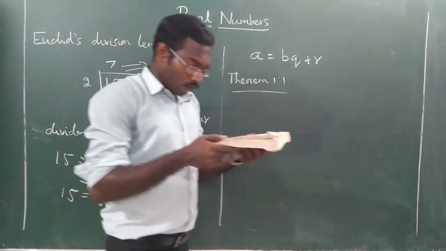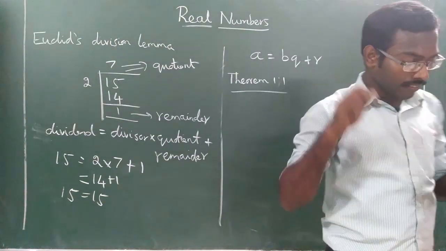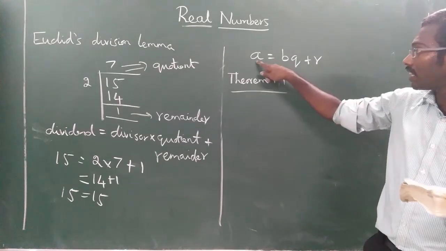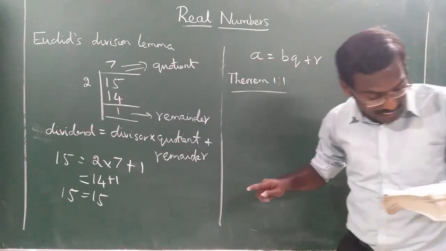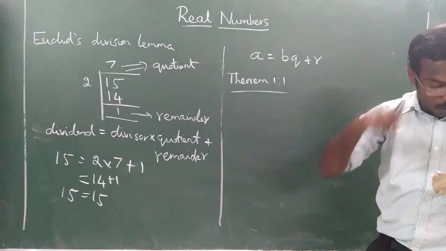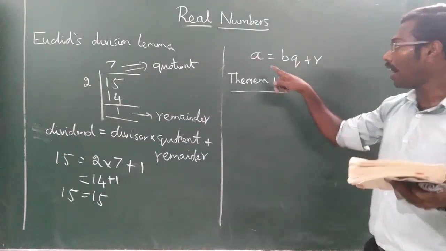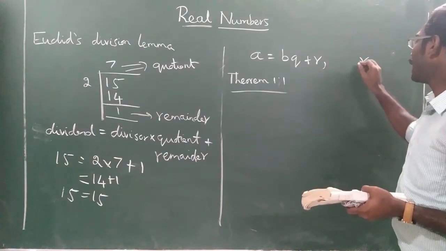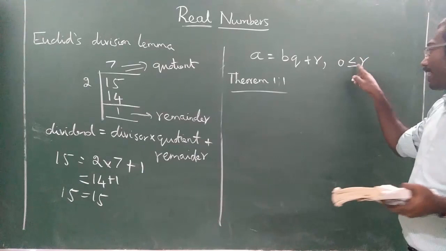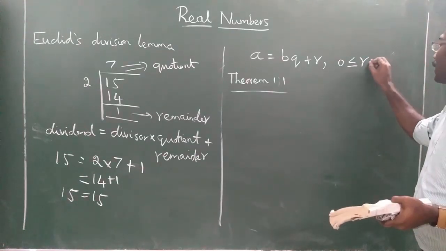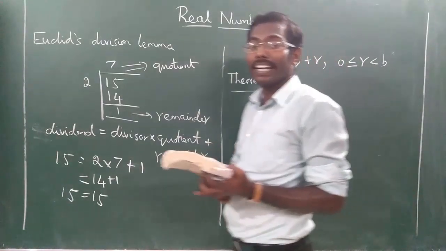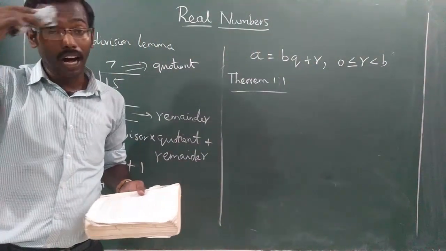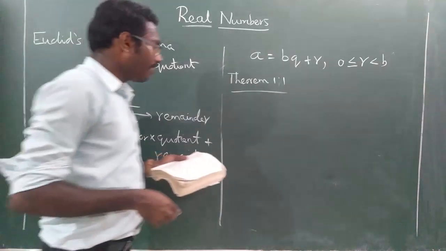It says that for given positive integers a and b, there exist unique integers q and r satisfying the formula a equal to bq plus r, where r is greater than or equal to 0 but less than b. That is, the remainder value can never be equal to the divisor value. It will always be less than the divisor value.